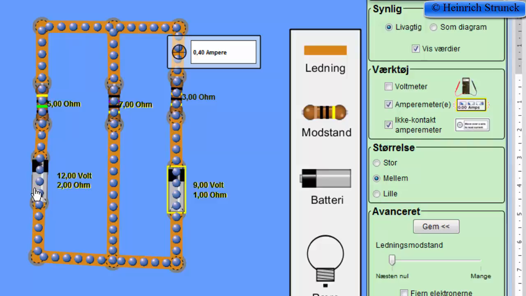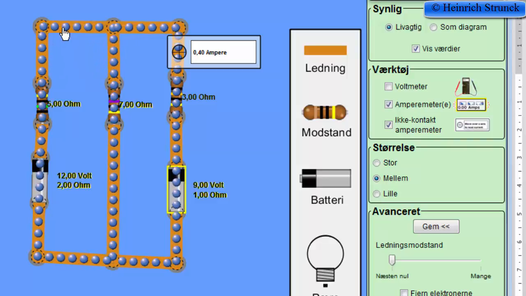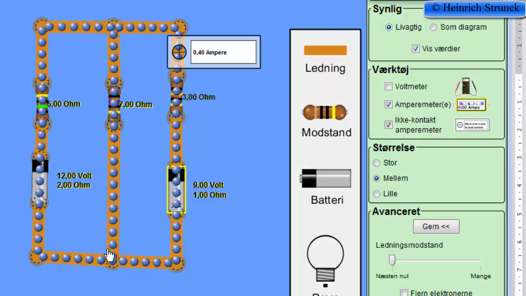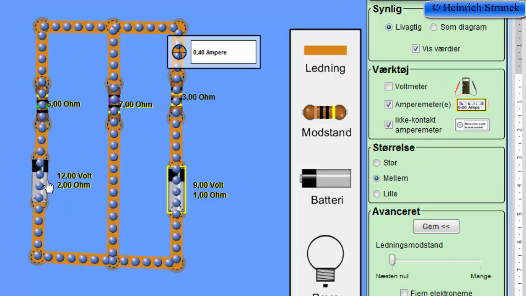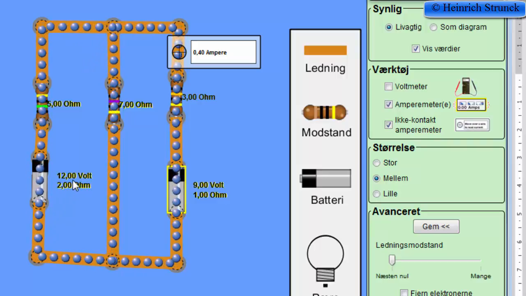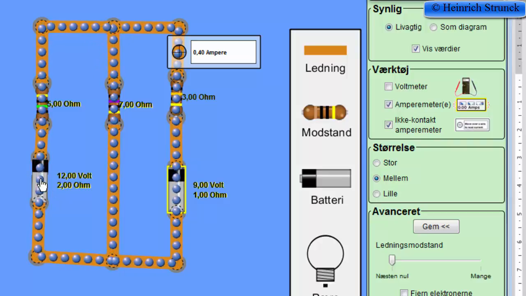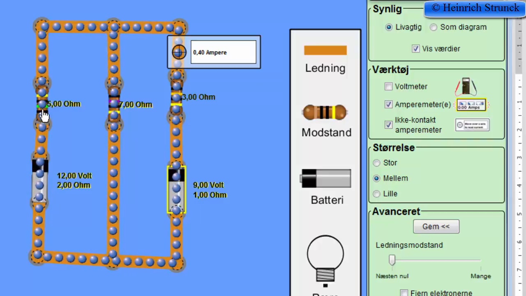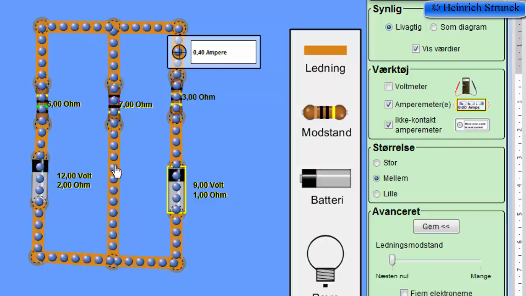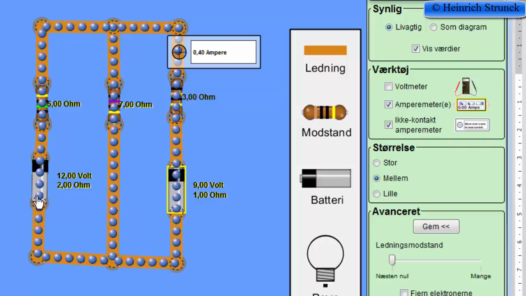And the second law says that if we have a closed loop, for example on the left side, then the generated 12 volts from the electromotive force in this battery must be equal to the voltage drop across all the resistors.